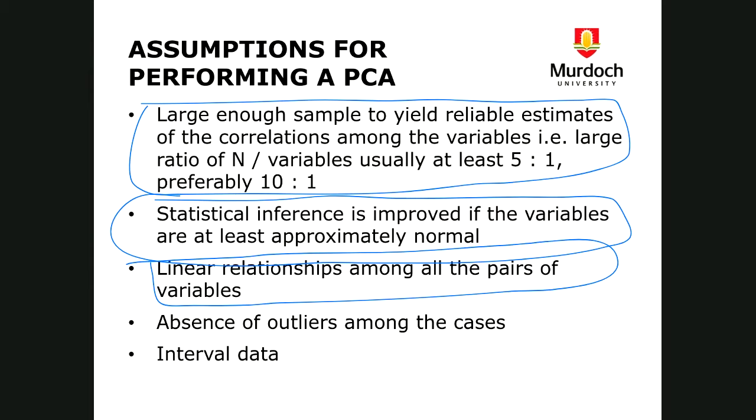So I think this one and this one are going to be tested after we run the test. Now, outliers, we know it, and interval data: PCA factor analysis is always with interval data.